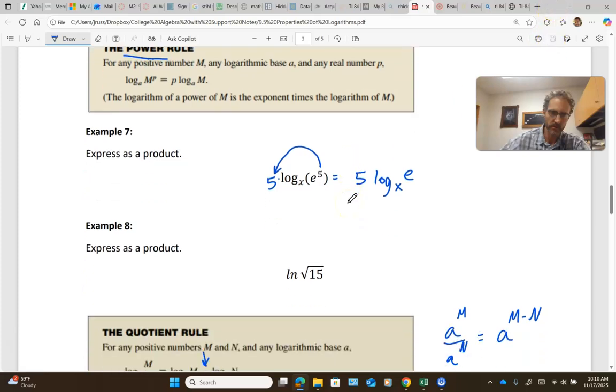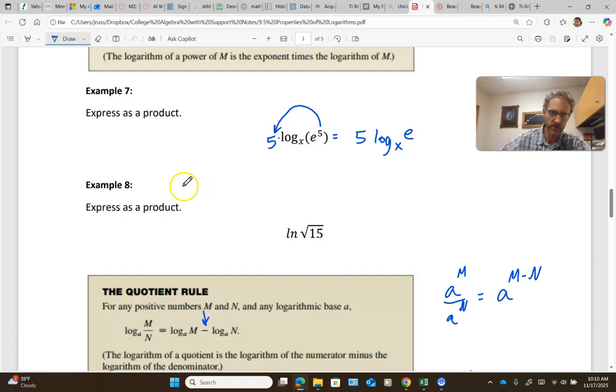Alright, let's look at example 8. This one says express as a product. So this is the natural log of the square root of 15. You may be wondering, where's the exponent? Well, you've got to remember that property that we talked about last class.